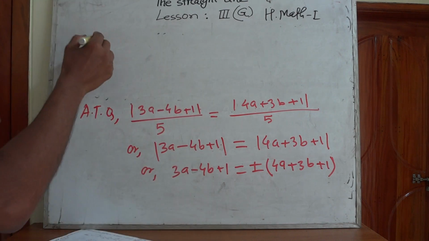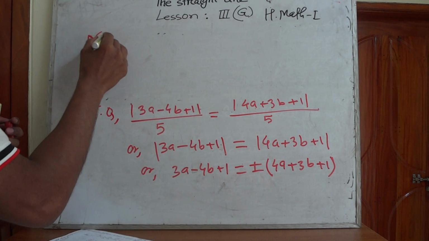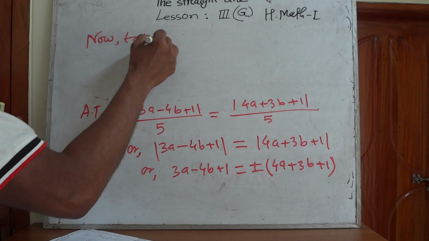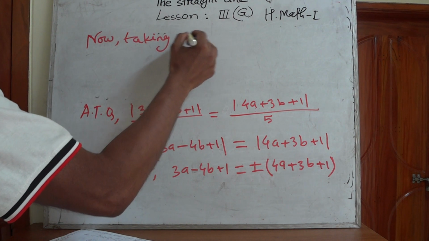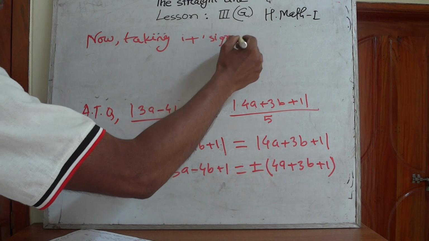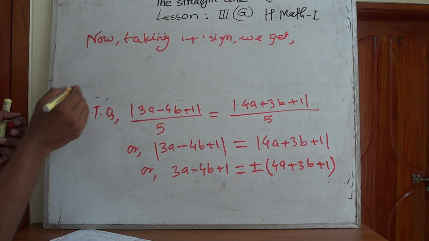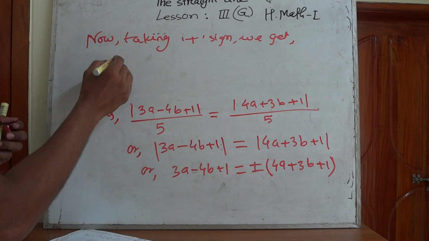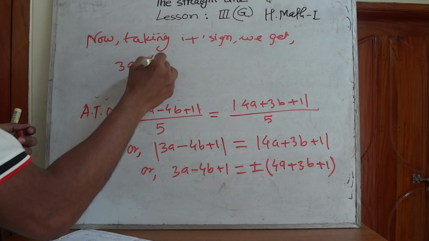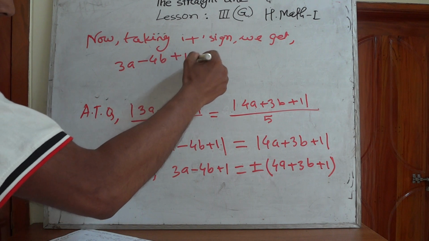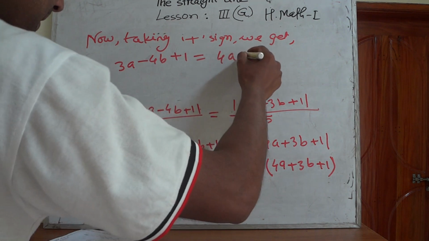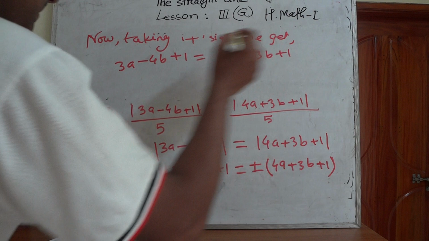Now taking the plus sign, we get 3a minus 4b plus 1 equal to 4a plus 3b plus 1.